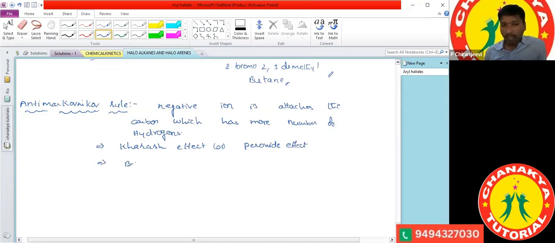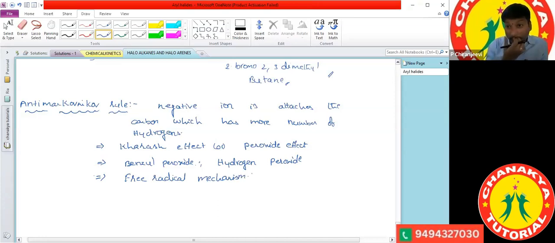What peroxide are we using here? Benzoyl peroxide, or the reactions are carried out in presence of hydrogen peroxide. And the anti-Markovnikov rule follows a free radical mechanism.